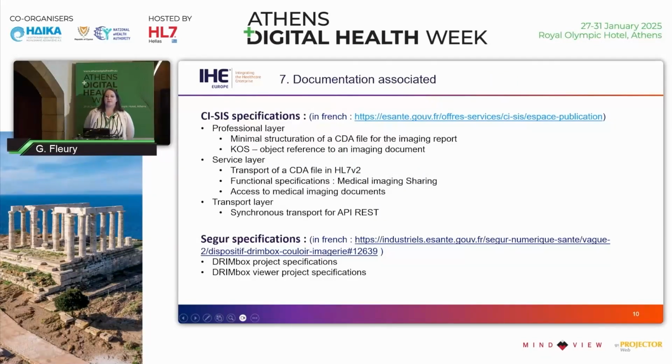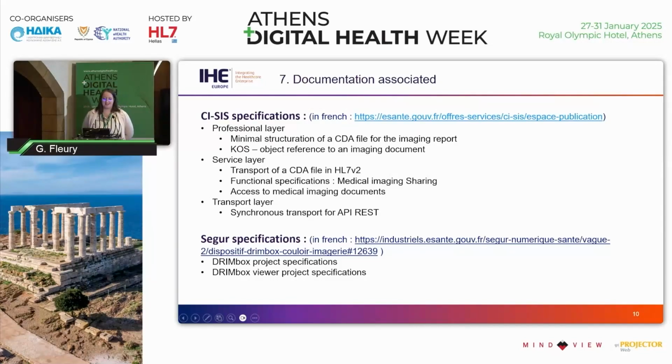So the French agency did a lot of documentation on this project. There is two separate kinds of documentation. The CISIS specification, which are part of the national framework for this use case, and divided in 3 layers that I presented before.